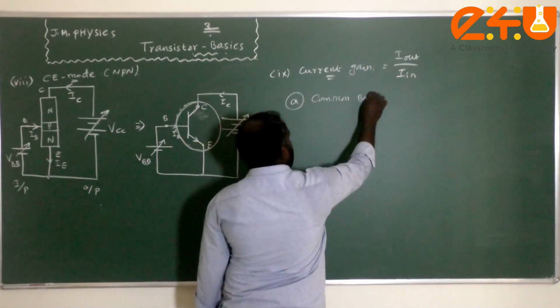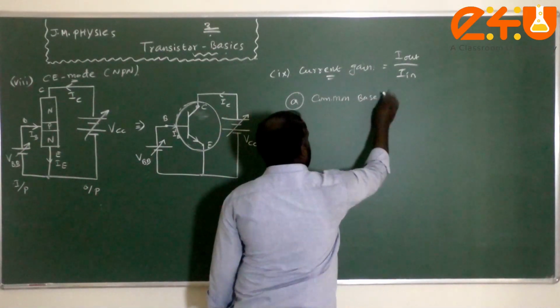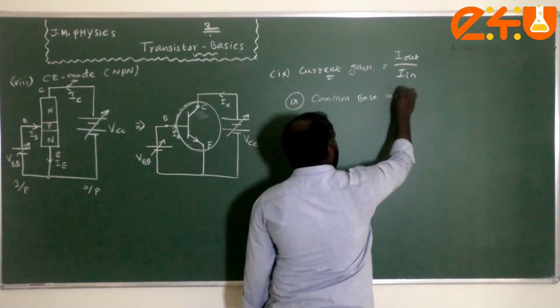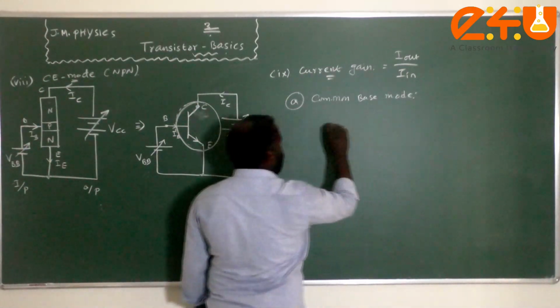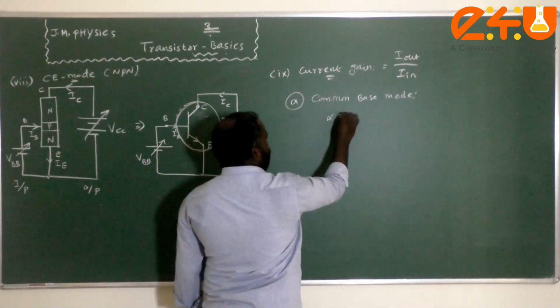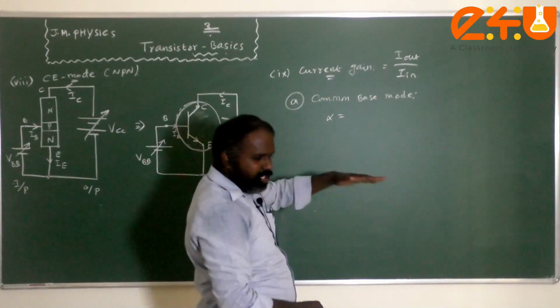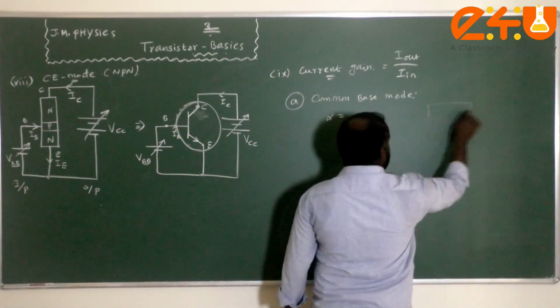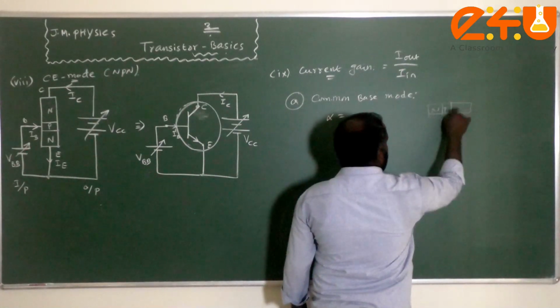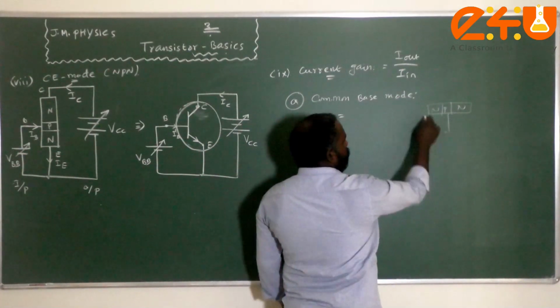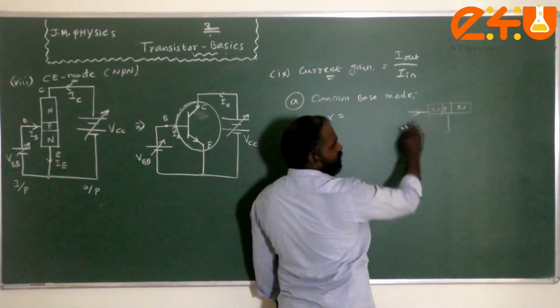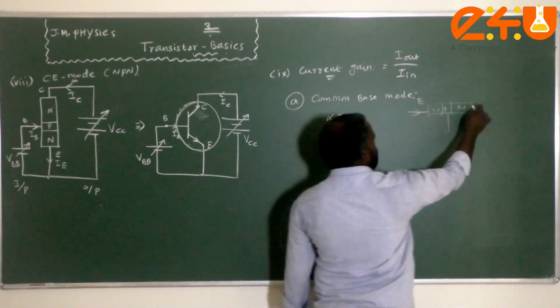First, for common base mode, that is CB mode, the current gain is defined as alpha. Just see that base is common. For example, this may be NPN. Base is common, so the emitter is the input part and the collector is the output part.